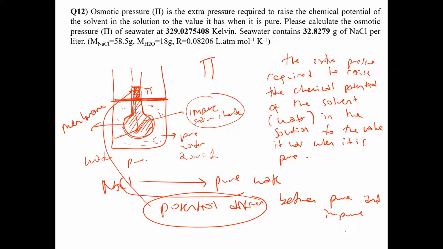And there is a difference, pi. I'm going to sketch it for you. The pressure inside the membrane, let me express by chemical potential. This is the chemical potential of pure A, and this is the chemical potential of impure.